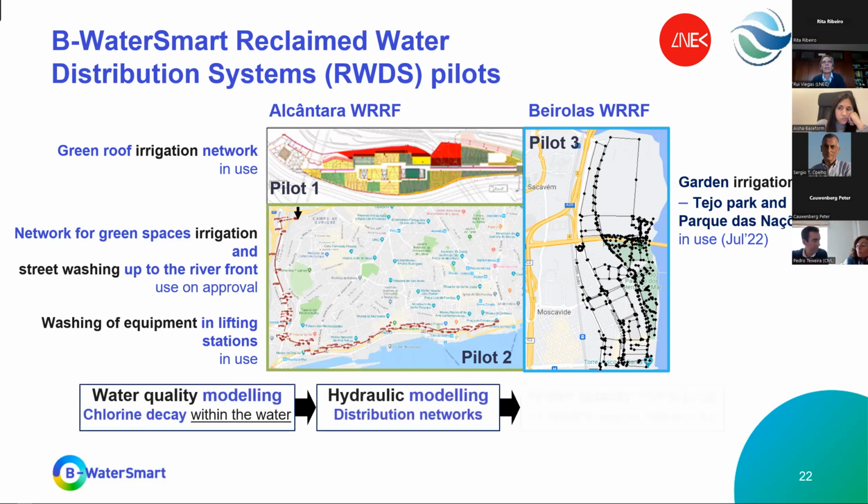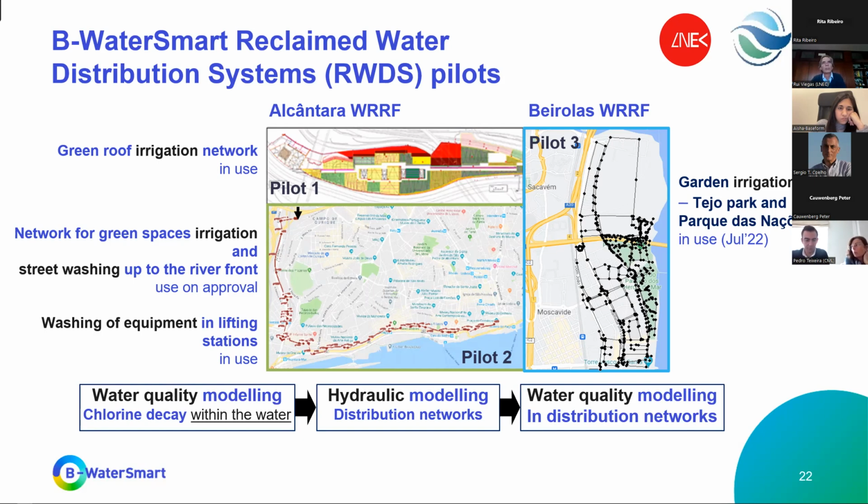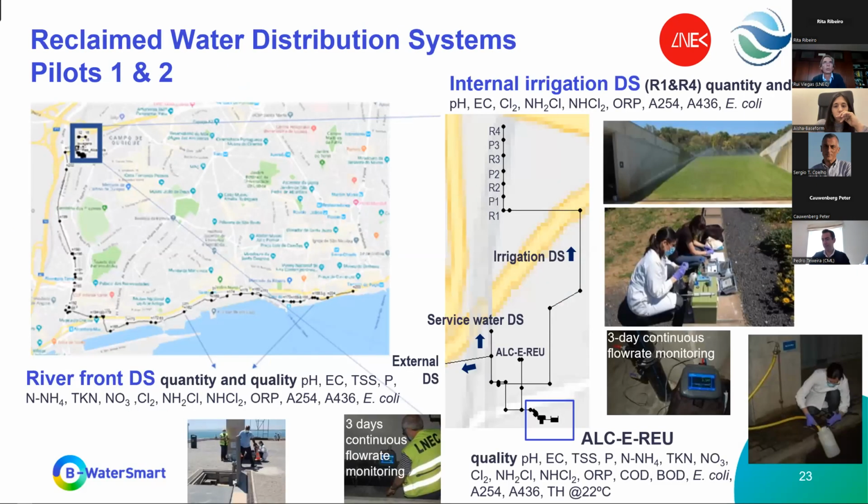So we applied the methodology that I've explained before. We developed the chlorine decay within the water model that I've shown before. We did the hydraulic modeling of these distribution networks, and we implemented this full water quality model in the distribution networks. Just a quick overview of the work we have developed.